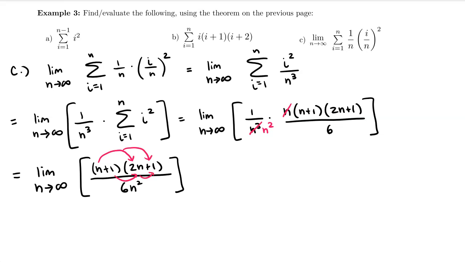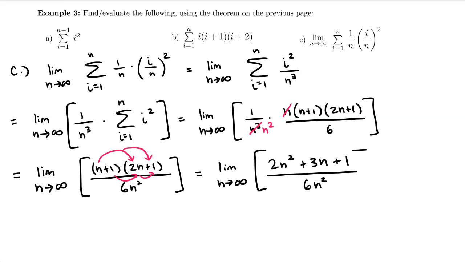If we did that, we'd get this is equal to the limit as n approaches infinity of 2n times n is 2n squared, and then plus 3n, and then our constant term would be plus 1, and this would be 6n squared.